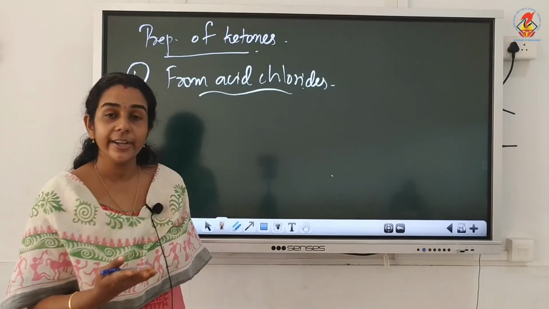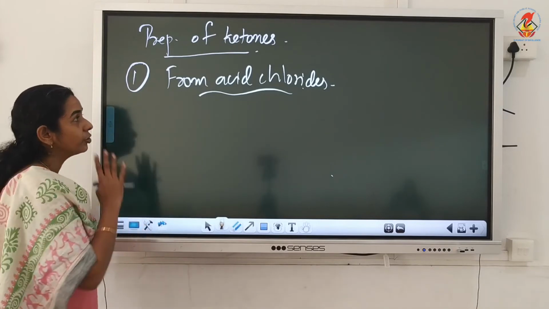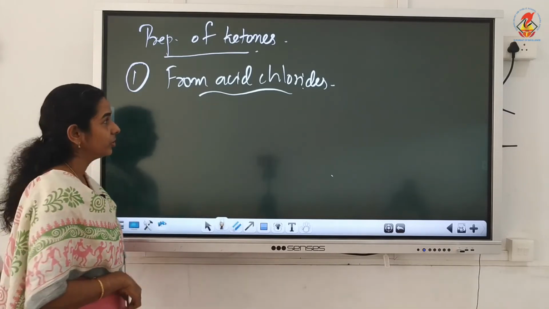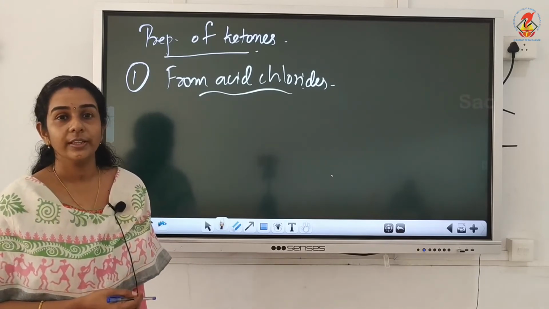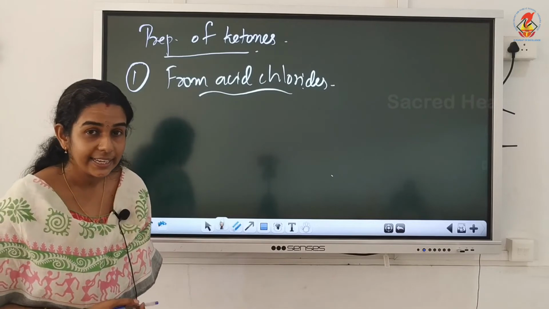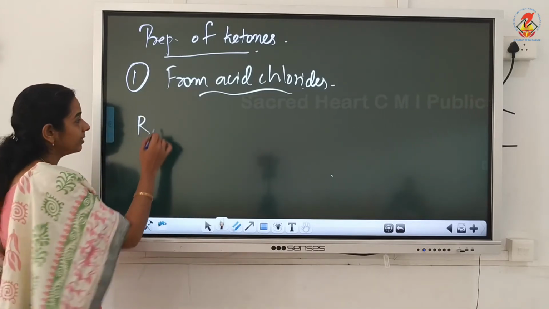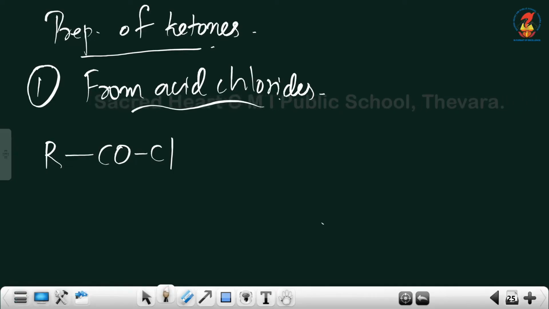Acid chlorides to aldehyde is the Rosenmund reaction, but here we are going to prepare ketones from acid chlorides. So here acid chlorides we are treating with dialkyl cadmium. What is the formula of acid chlorides? RCOCl.